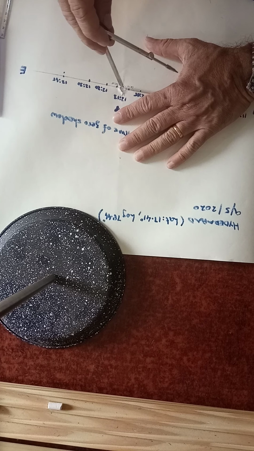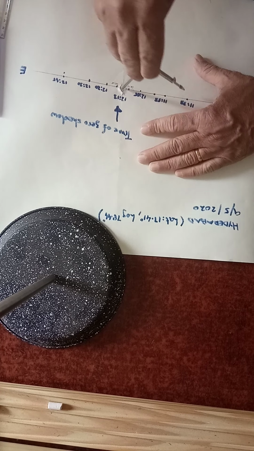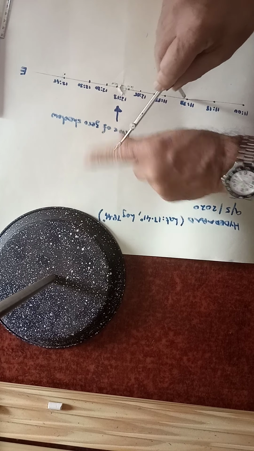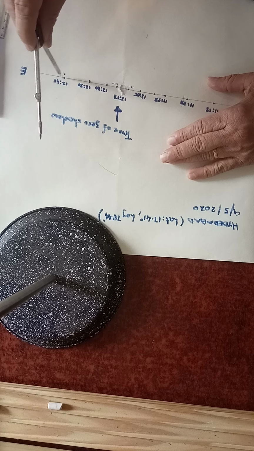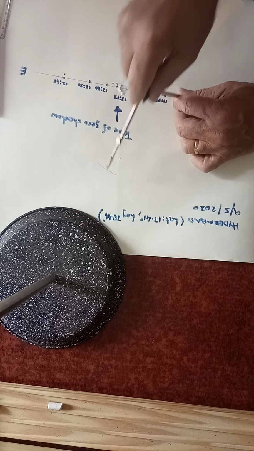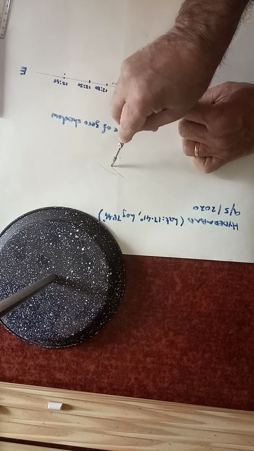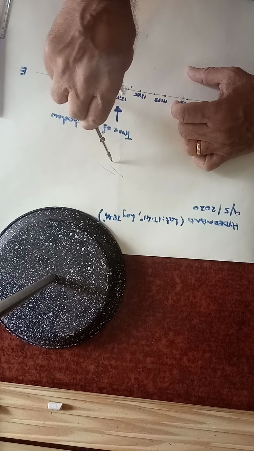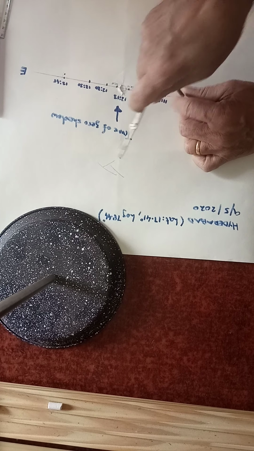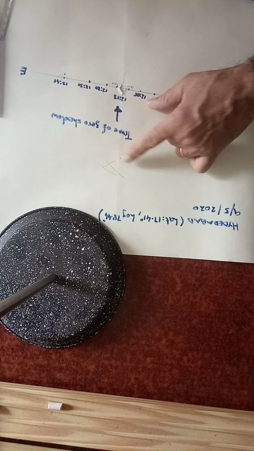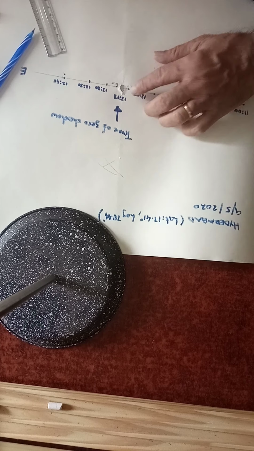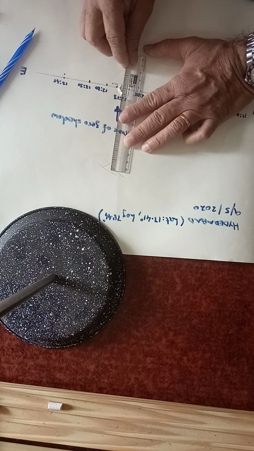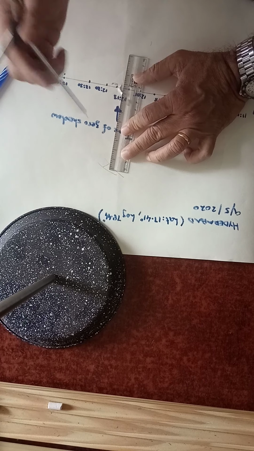What we have learned in school, we can bisect this line, take a compass, and then we'll have to draw that curve further to get this point of intersection, and we can join the midpoint from where we drew this to get the north-south line.